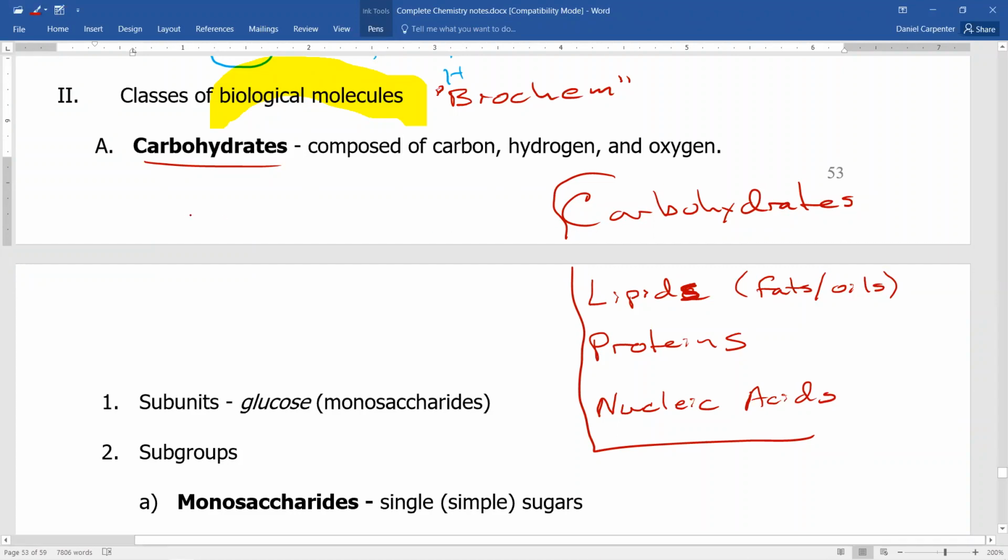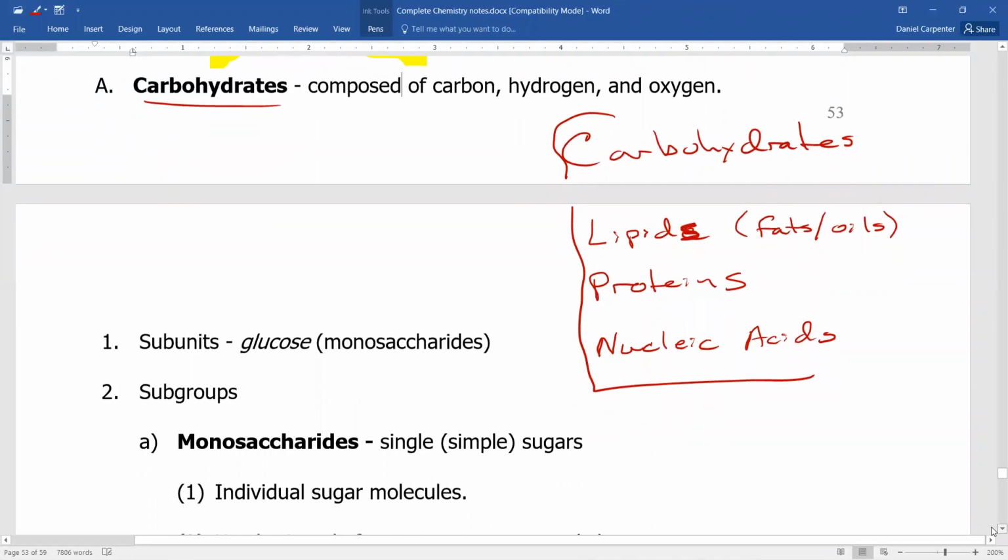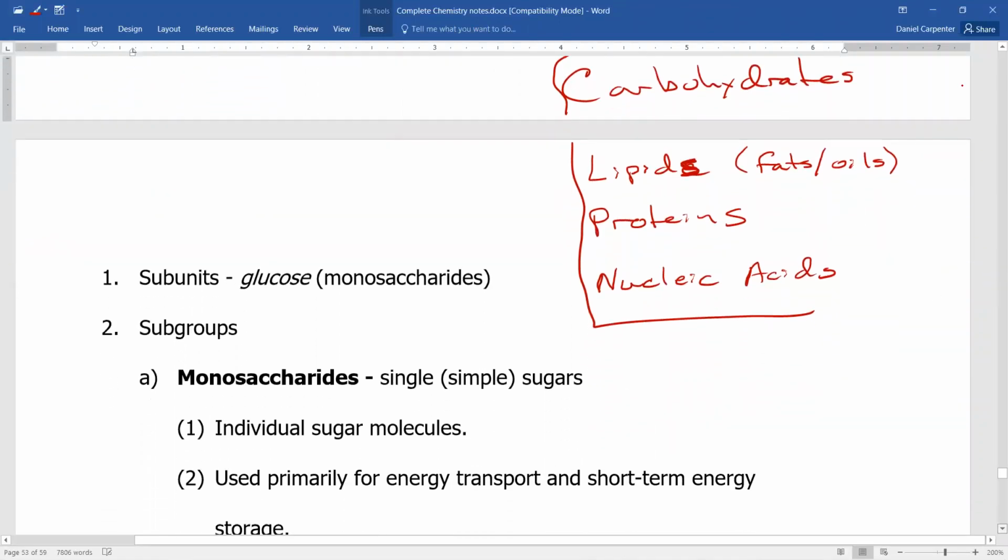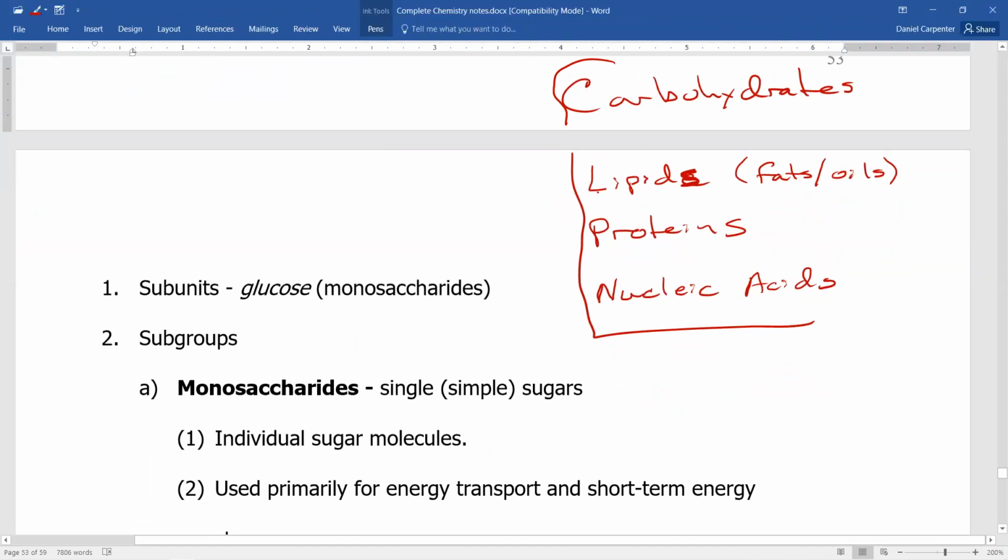So for each of these, and again, this is just an introduction, it's all in the notes, all of these are made of smaller molecules. In some cases, like starch, hundreds of smaller molecules put together.